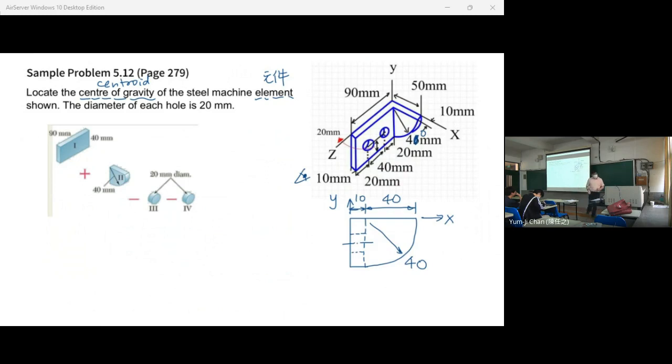Sorry, this should not be a broken line; this one should be a solid line like this.